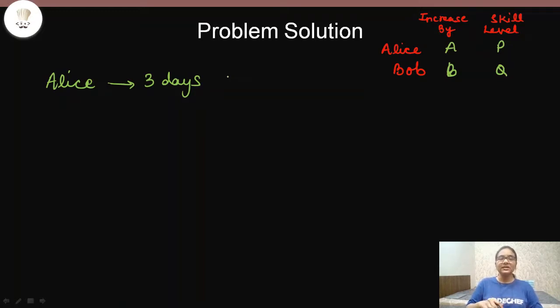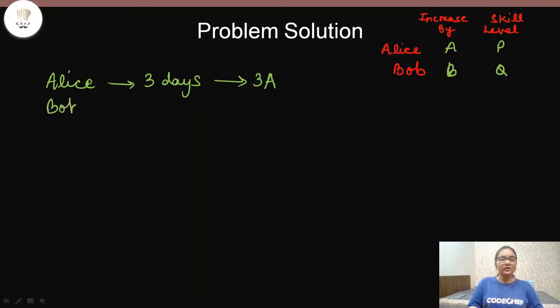What matters is how many days they are working, and this matters for you to understand the solution. So if Alice is working for 3 days, what will be her skill level? If she works for 1 day, her skill level will increase by A, right? So if she works for 3 days, her skill level will increase 3 times. That means it will become 3A, and this means that she has worked for 3 days.